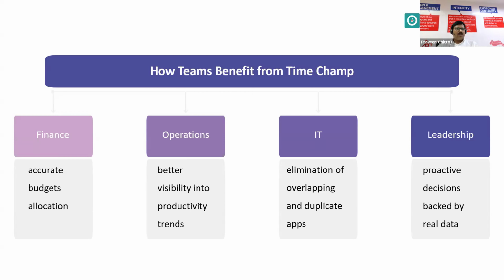For operations teams, there is better visibility into productivity trends; they can check productivity levels with the TimeChamp report. And for the IT team, they can eliminate overlaps and duplications, and also see how many licenses to assign and what is overlapping.